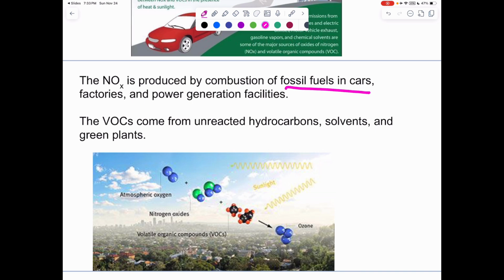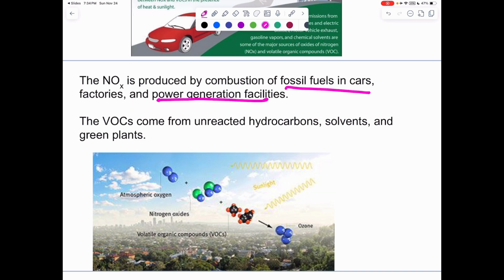This also happens in our power generation facilities because they're doing the same thing. They're bringing in the air, which has the nitrogen in it, and then they're combusting it at high temperatures. This is what we call unintended consequences because it's because of the exhaust that these are produced, unfortunately.